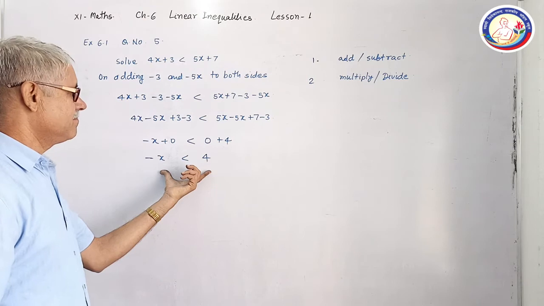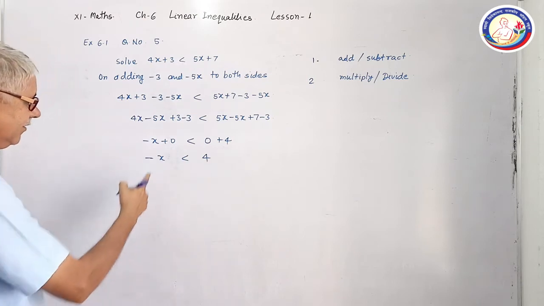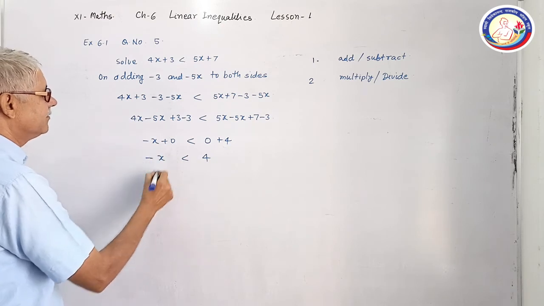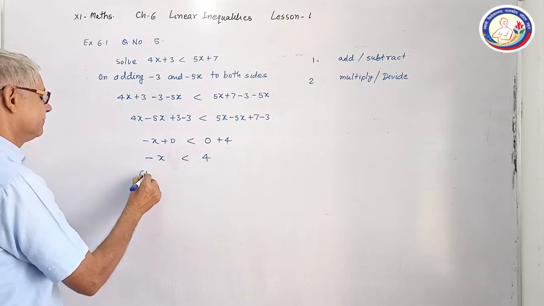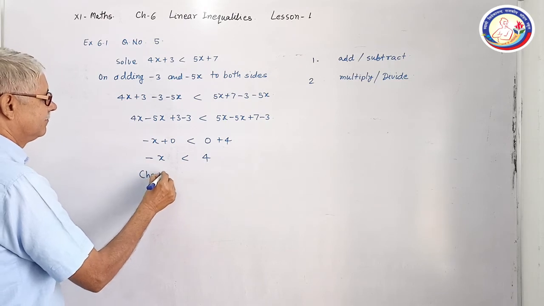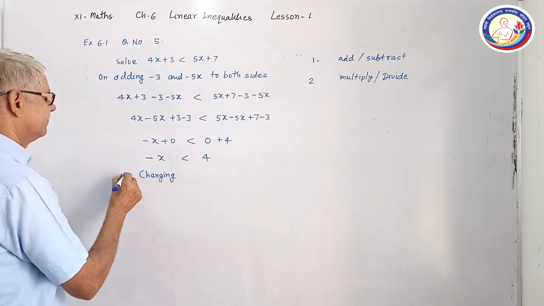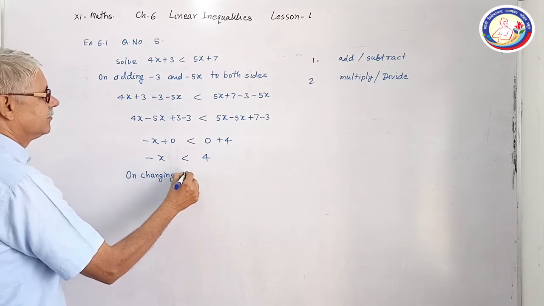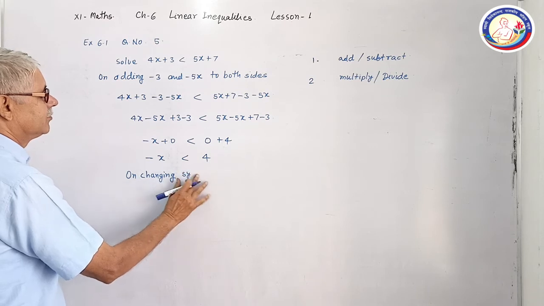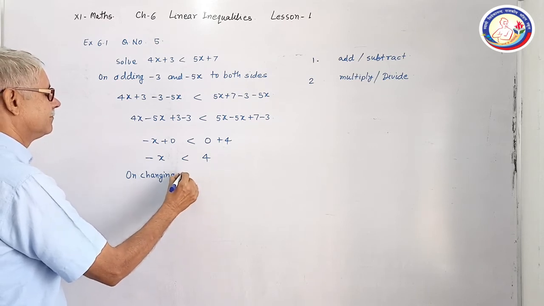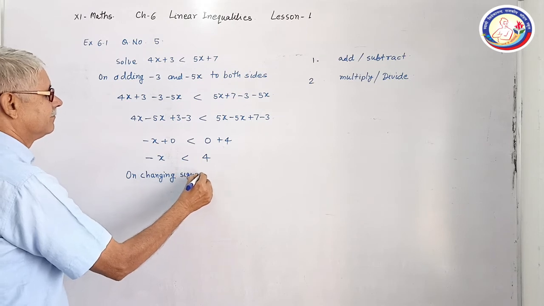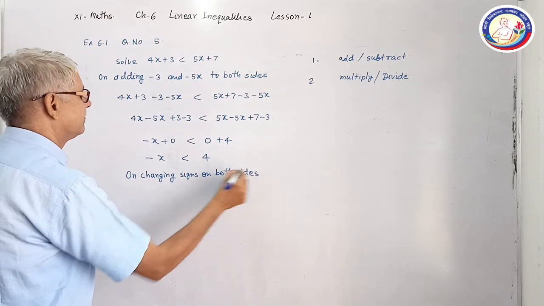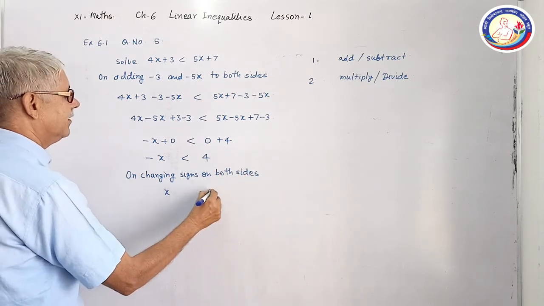If we change the symbol, then what will happen? We have to bring x here with a positive sign. So changing signs on both sides, we get x and it is minus 4.